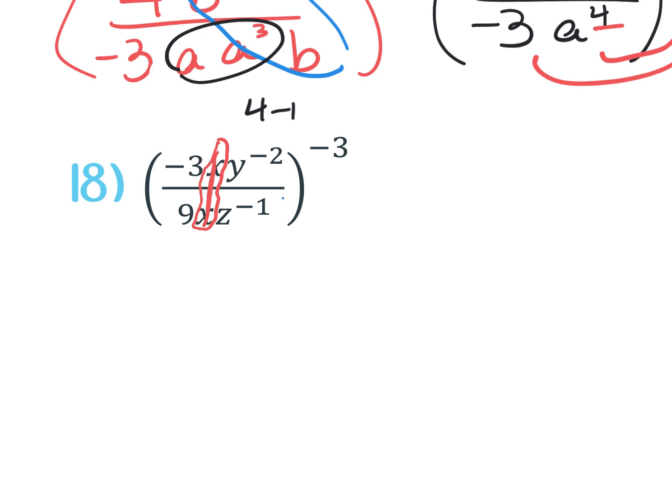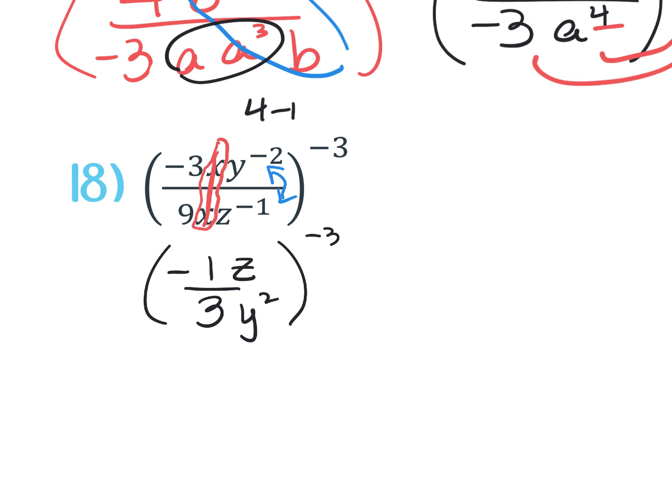So all I have to do is switch the spots for the y and the z. I could also simplify -3/9 and make this 1/3. I'm going to move the z to the top and move the y to the bottom. And I still have the -3 power.